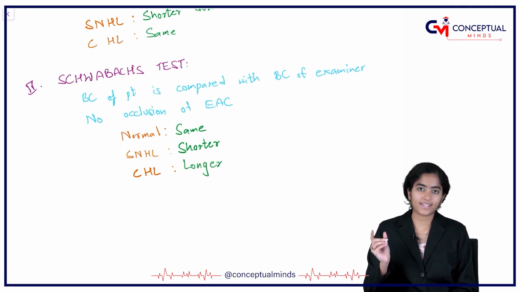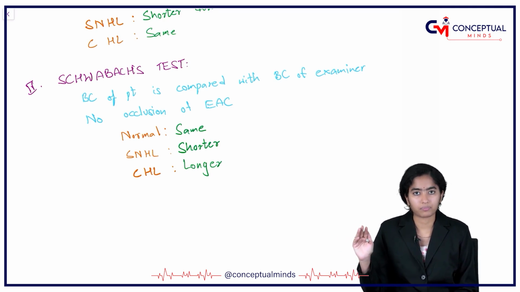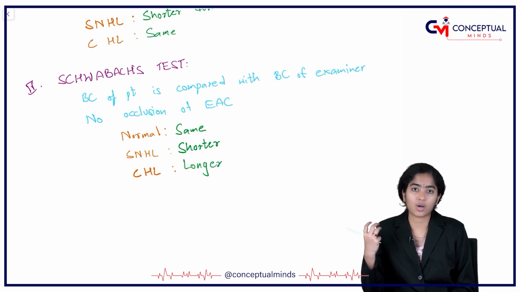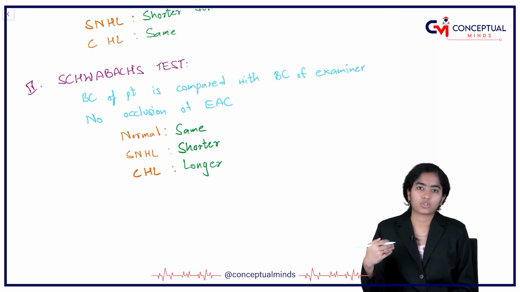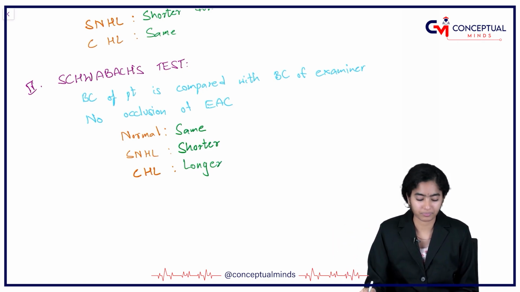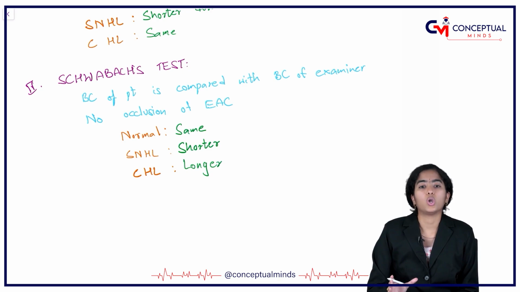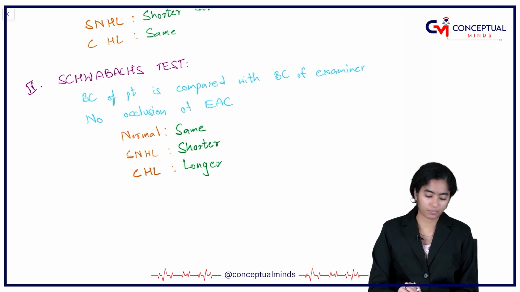Say after 10 seconds the examiner says, I stopped hearing, the patient will still continue to hear because his bone conduction is even better than the examiner's bone conduction. Why? Because there is conductive hearing loss, there is no ambient noise, and the ear is not able to pick external sounds, and so bone conduction is better than air conduction. So these are the results of Schwabach test. He hears it for longer time than the examiner also in conductive type of hearing loss.